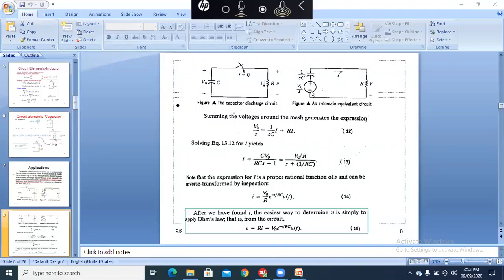Also, if we have a complex voltage source with a varying value of frequency, we can also calculate this relationship.